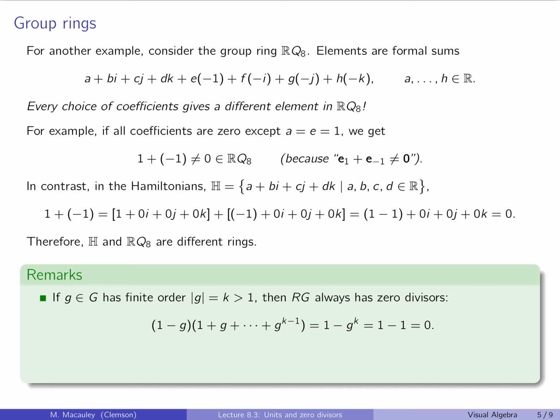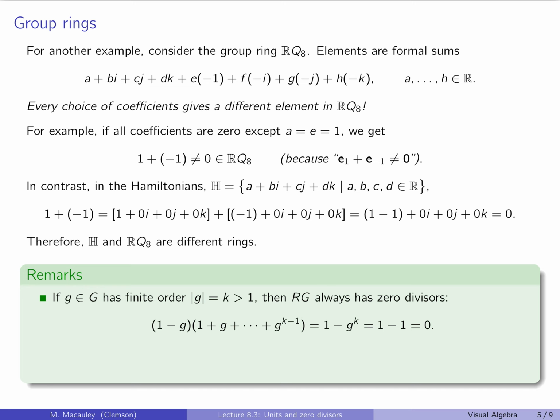But here's a way that would establish it formally. It's a more general statement, though. If little g is an element of finite order in the group, let's say it has order k, bigger than 1, then I claim that the group ring RG always has zero divisors.